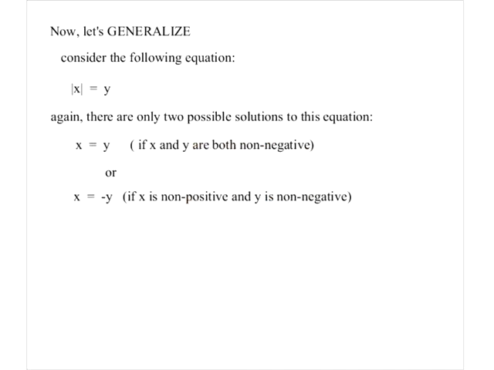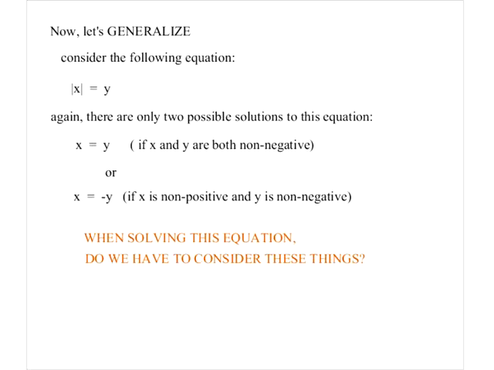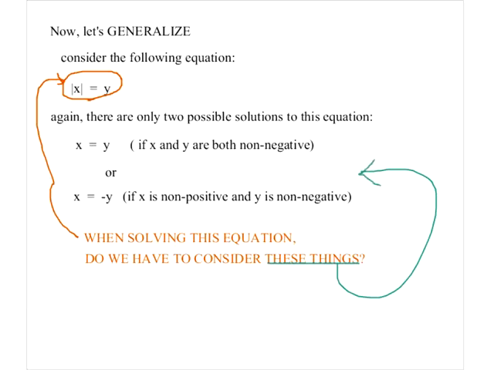So the question to ask is this. If we actually have to solve this equation, in other words, this equation that's right there, do we have to consider things like the sign of each of the numbers? Or is it enough just to set up a couple of algebra equations and go to town?